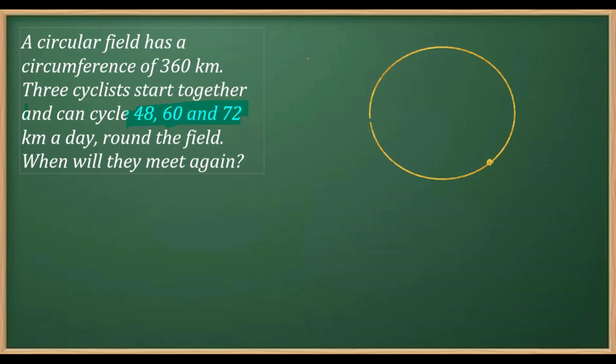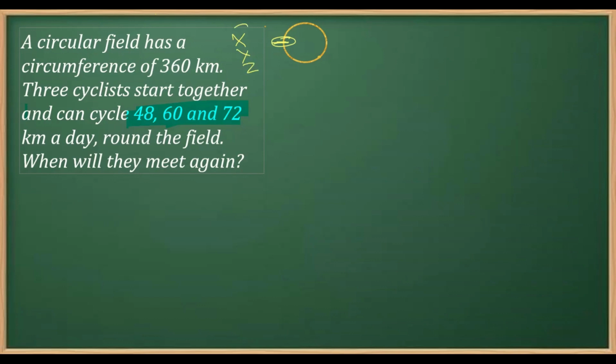What we need to figure out is the distance covered by each cyclist, and the time taken by each cyclist to cover the whole circumference. Let's say the first cyclist takes X number of days to come back to the starting point, the other takes Y number of days, and the third takes Z number of days.